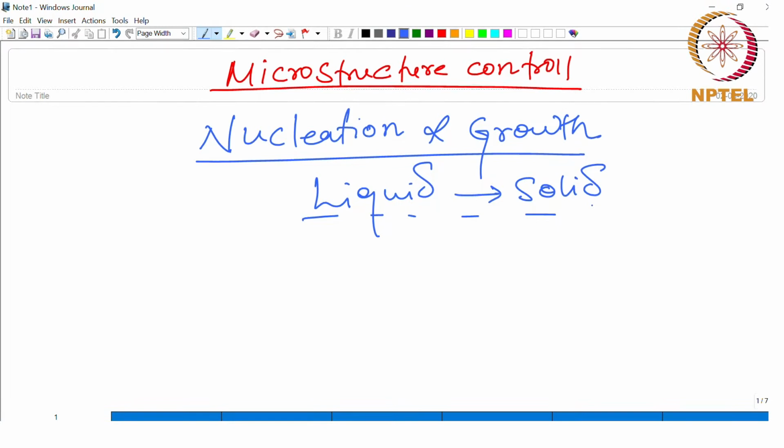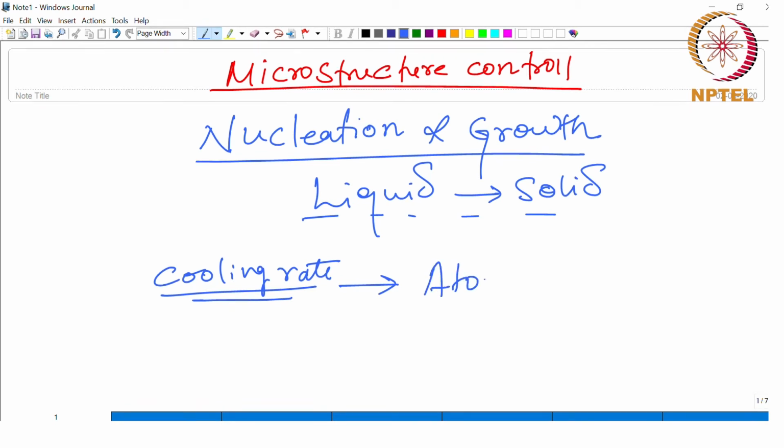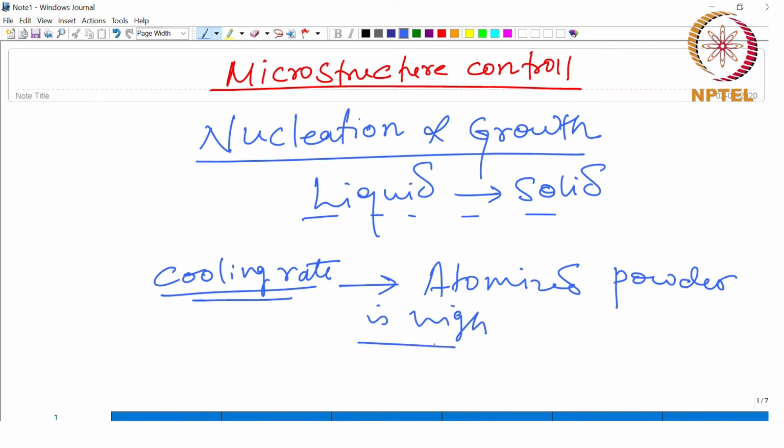Okay. So, now if you look at this atomization process as such, one thing that you would have realized by now is that the cooling rate in the atomized powders, that means the powders which are forming from the liquid in this process, is high because of their high surface area, or due to the high surface area to volume ratio.